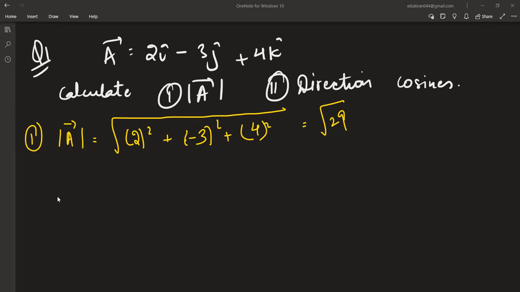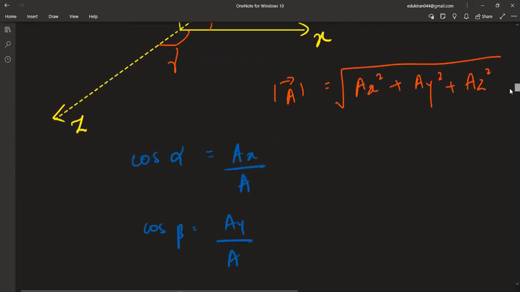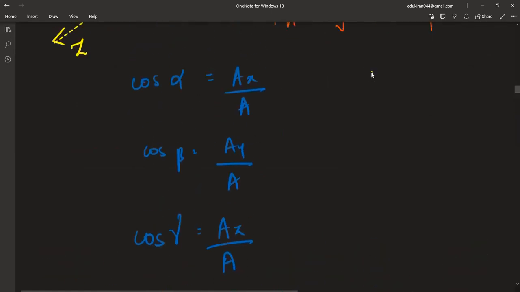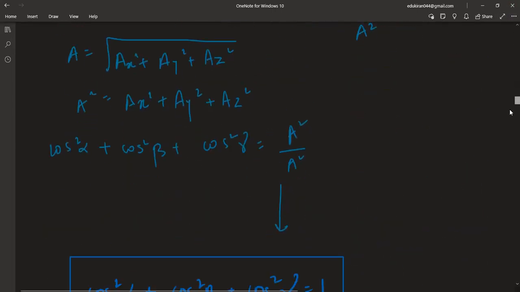Direction cosines, if just in case this is asked, this is something new which you have not done before. That's what we have studied. Whenever direction cosines are asked, direction cosines mean these: your cos alpha, cos beta, cos gamma. These are your direction cosines, which we have just now studied. So this you can now conclude.